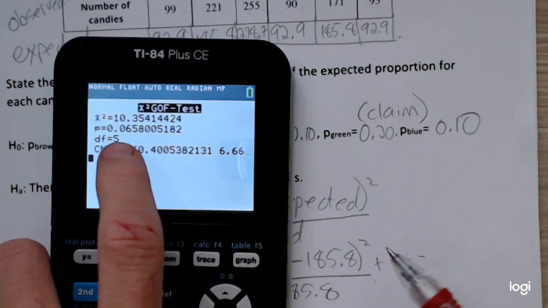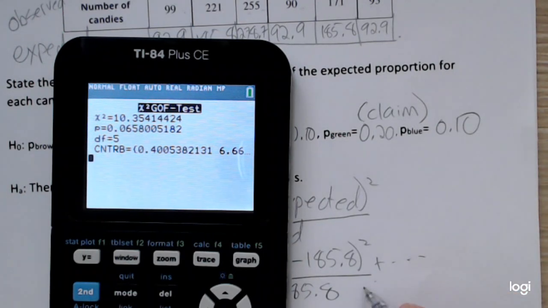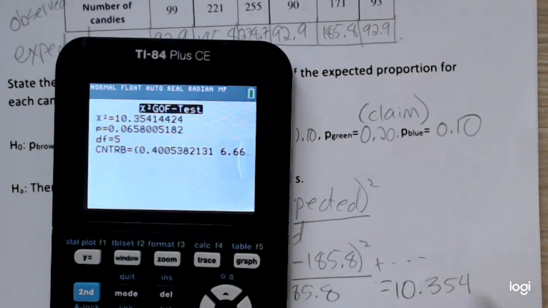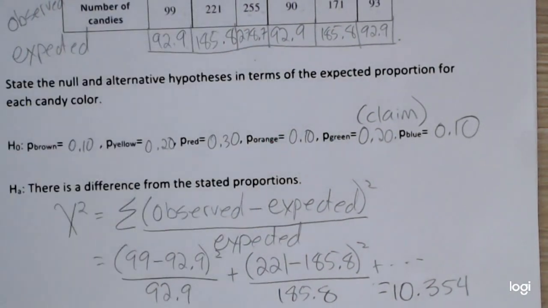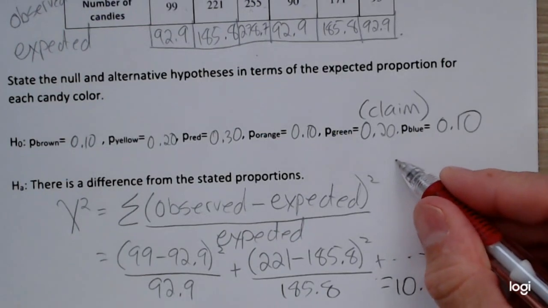And that turns out to be 10.354. So altogether, if I did this for all categories and if I didn't round too much, I would get a test statistic of 10.354.